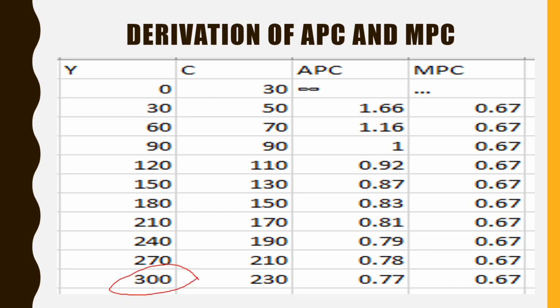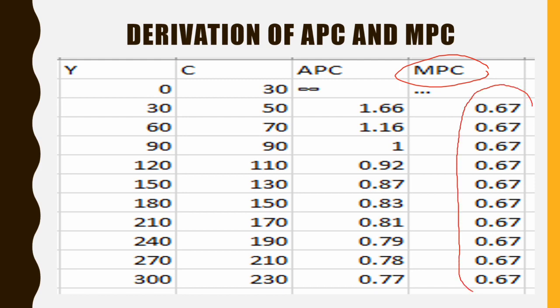In the same way, we have derived the marginal propensity to consume, as the marginal propensity to consume is the ratio of change in consumption to change in income. By solving this, we have derived the values against all entries, that is 0.67.